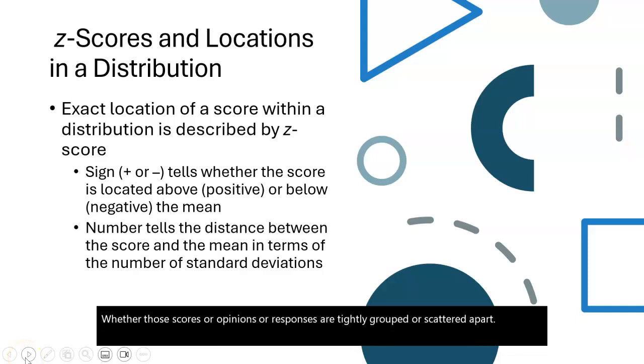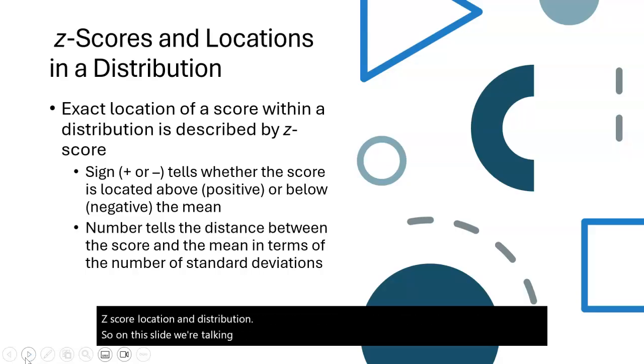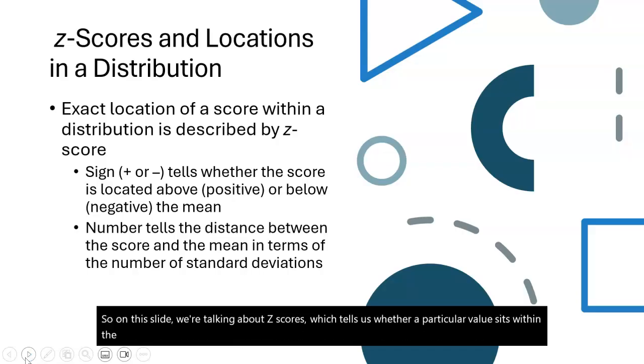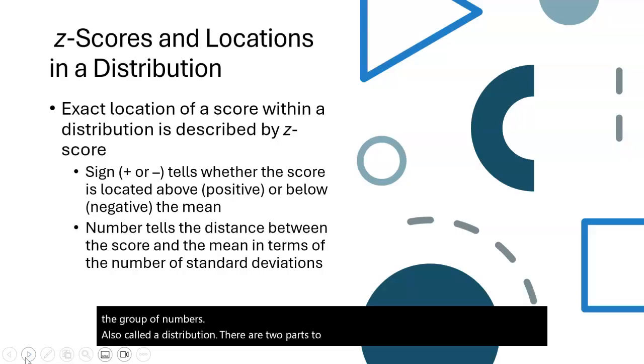Z-score location and distribution. On this slide, we're talking about z-scores, which tell us whether a particular value sits within the group of numbers, also called a distribution. There are two parts to a z-score. The sign, plus or minus. A positive sign means that the score is above the average, the mean.